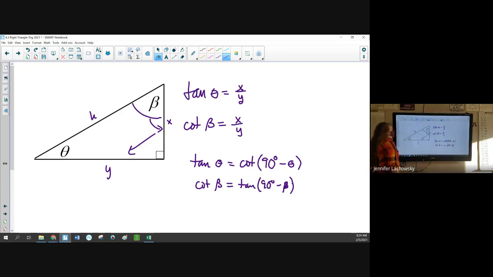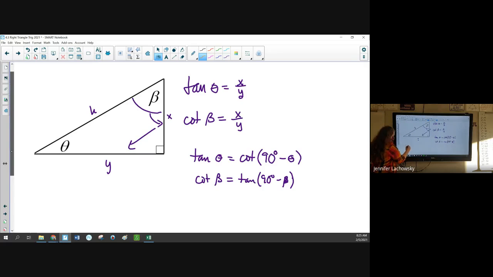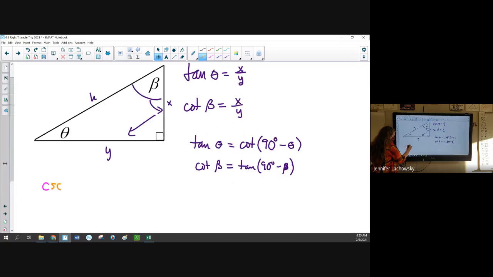Okay. We have two other trig functions. Are they cofunctions with each other? What are the other two trig functions? Cosecant. So what is cosecant of theta? Cosecant is the reciprocal of sine.